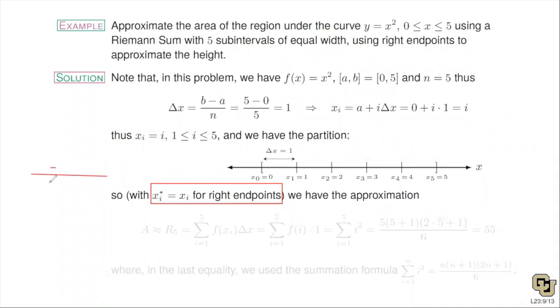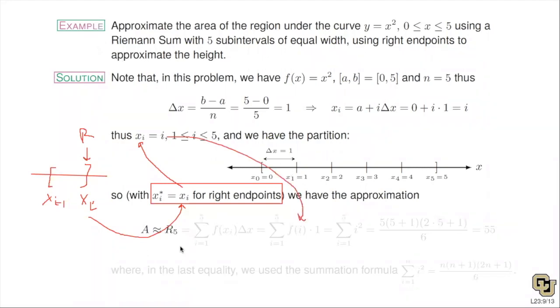My generic ith subinterval looks like this: x sub i minus 1, and then the other endpoint is x sub i. If I remember this generic ith subinterval, I can literally see, oh, the right endpoint is x sub i. And then I solve for x sub i.